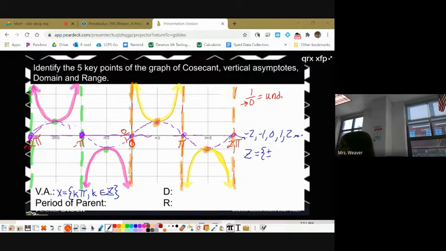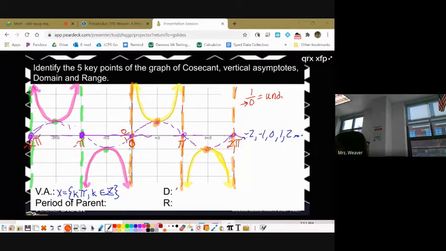Okay, so we said that k has to be an element of the integers. Questions about that? x equals the set of all k pi where k is an element of the integers. x equals because that's in a vertical line equation. Okay, once you have figured out how to describe the vertical asymptotes, the domain is very easy.